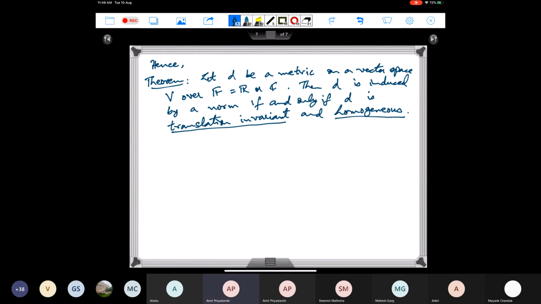If D satisfies these two conditions, then you can define norm x equal to d(x,0). And if it is induced by a norm, then also we have seen that D must satisfy these two conditions.